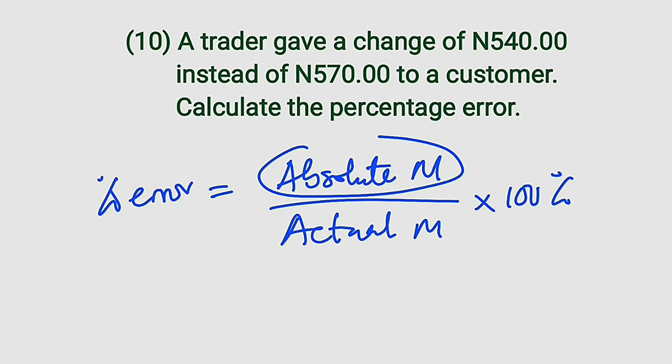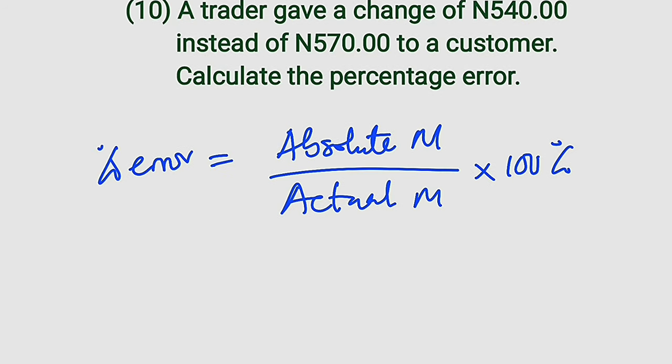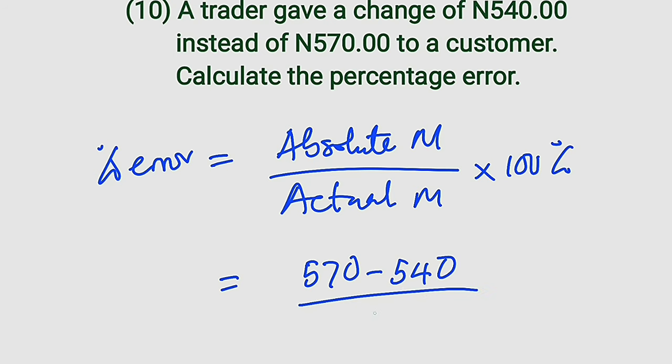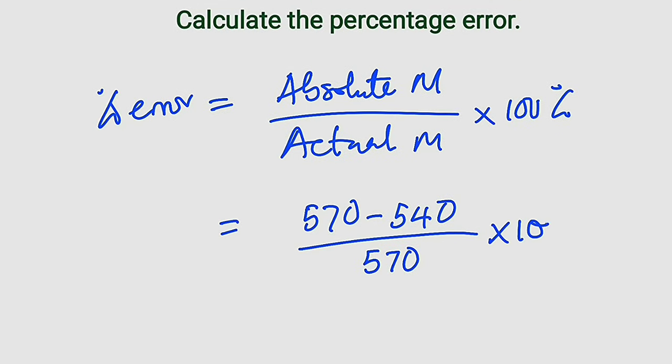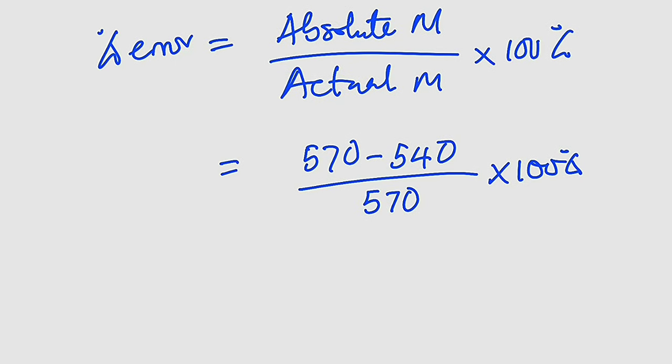And this absolute error is nothing but the difference between the initial and the final values given. So this is the same thing as 570 minus 540, then divide by the actual measure, which is 570, because he's supposed to give this, but he mistakenly gave this to the customer. So we multiply this by 100%. If you subtract this, you're going to get 30.